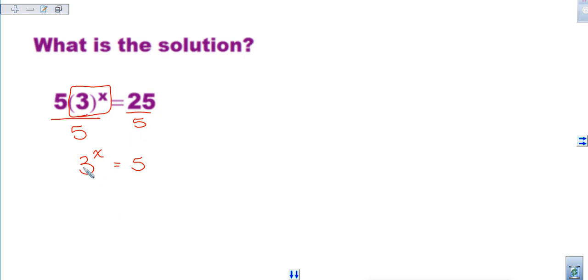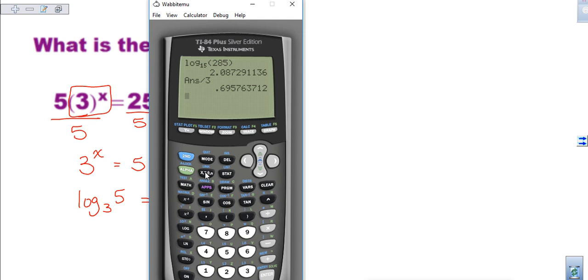So now that we've got the exponential by itself, we'll turn it into log form. So you get log base 3 of 5 equals x. So we'll go to our calculator. And the shortcut for the calculator, I forgot to mention it on the other one, is you're going to hit math, alpha, math. Okay? Log base 3 of 5.